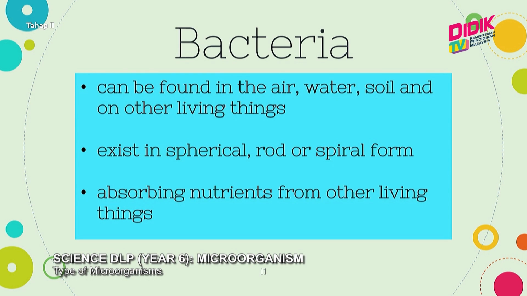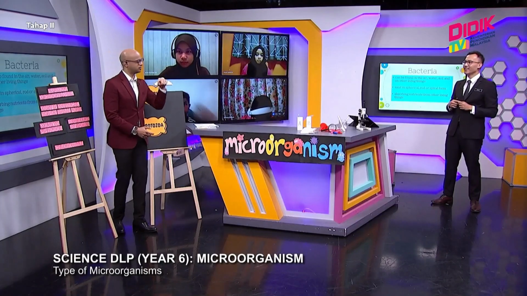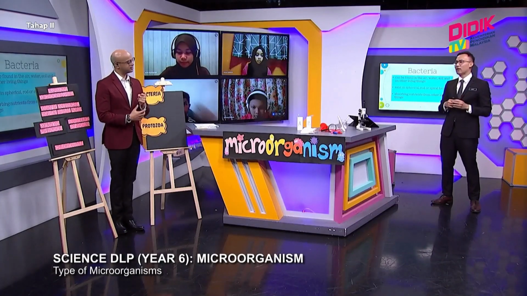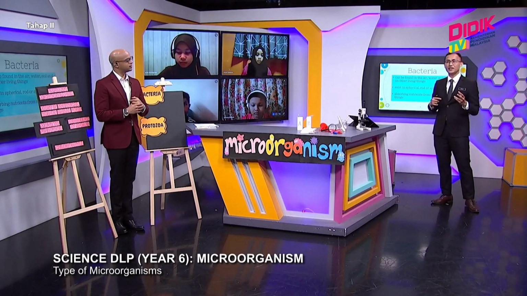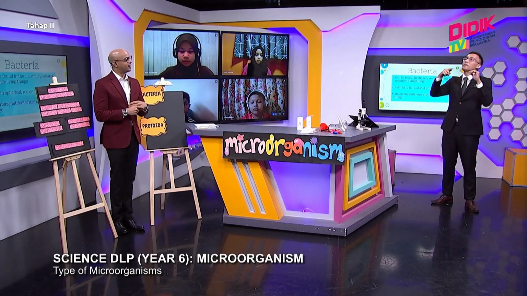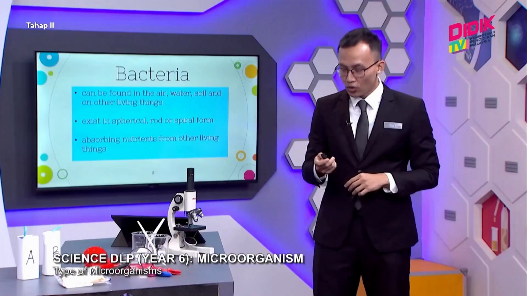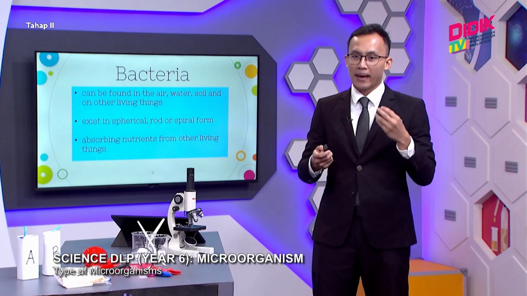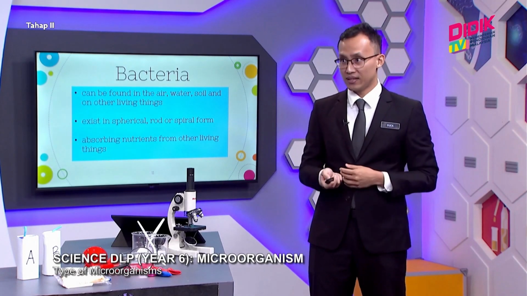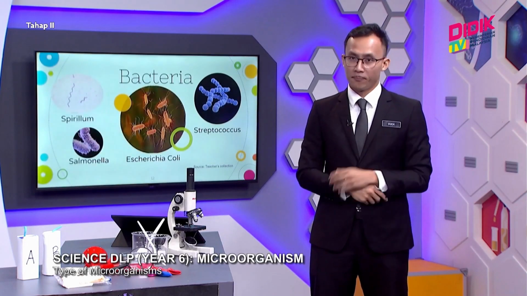Do you know what a spiral shape is? Is it something that goes like a circle? Have you eaten springy noodles? The springy noodles have a spiral shape. Bacteria also exist by absorbing nutrients from other living things.